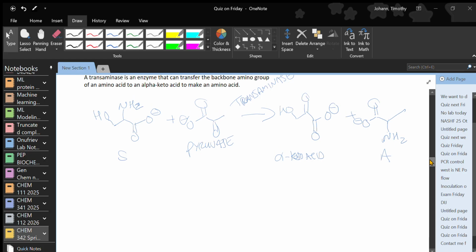All right, so another one. We're allowed glutamate, right? So we can make alpha-ketoglutarate. Let's use glutamate this time to transfer. Here's glutamate.